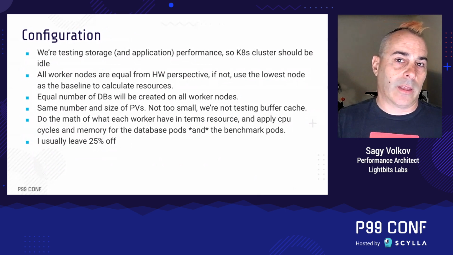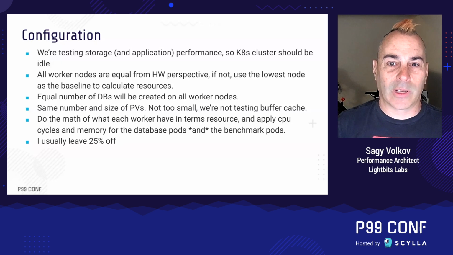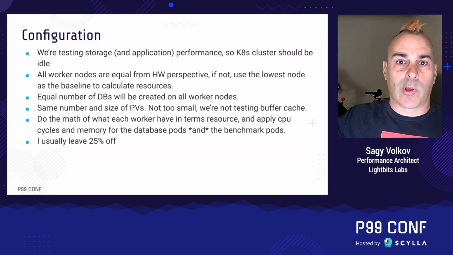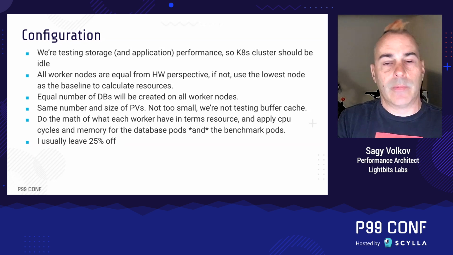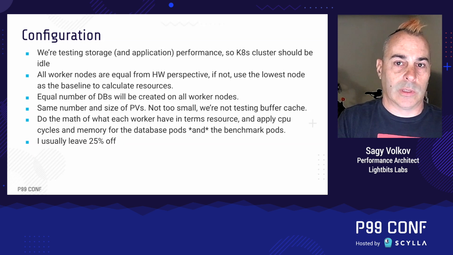The way that Sherlock looks at things right now is in a very simplistic way, taking into account that the hardware is the same, and basically spreading all the pods equally on them.